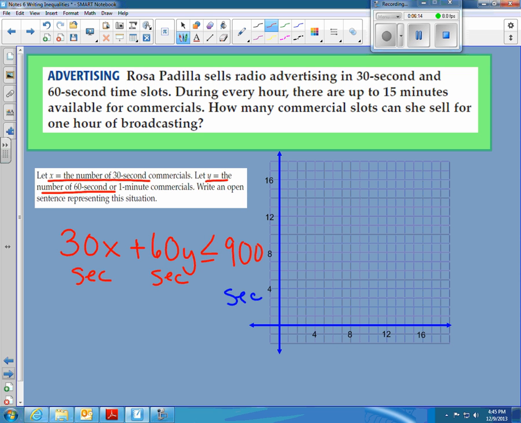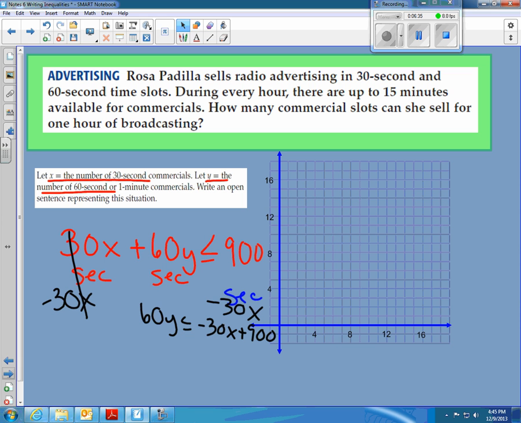So let's go ahead and solve for y so that we are in slope-intercept form. We are going to start off by moving our x term. So subtract 30x from both sides. So we have 60y is less than or equal to 900. The 900 and 30x are not like terms, so my negative 30x comes first, plus my 900.